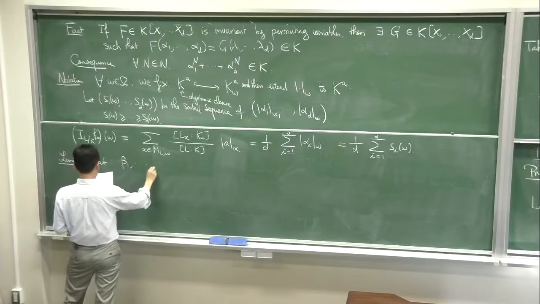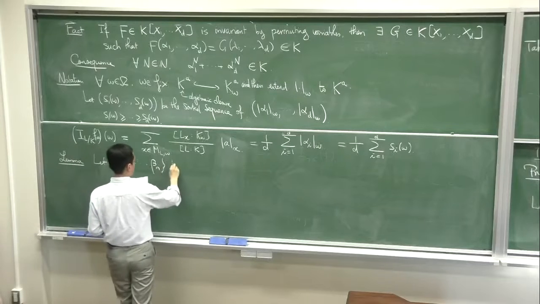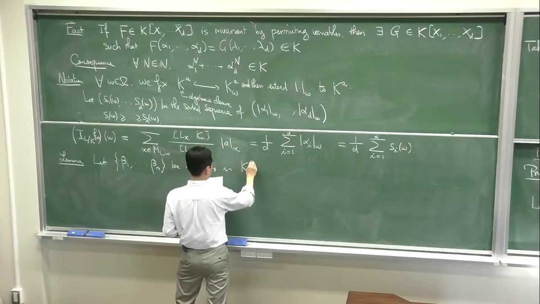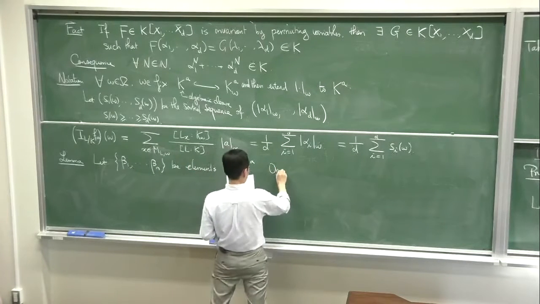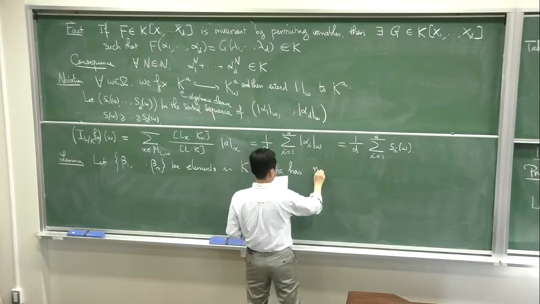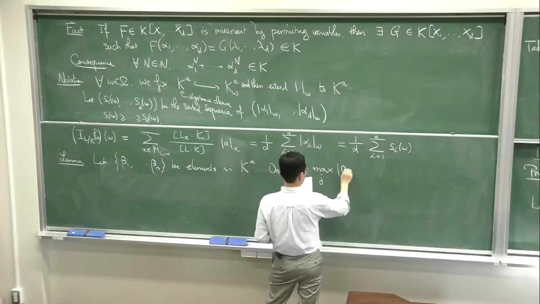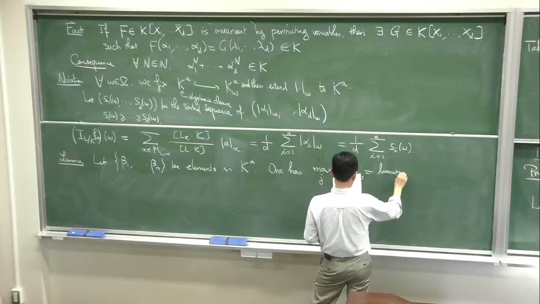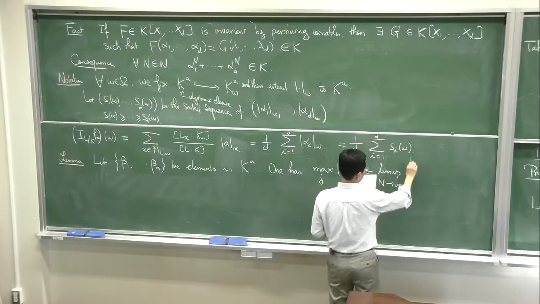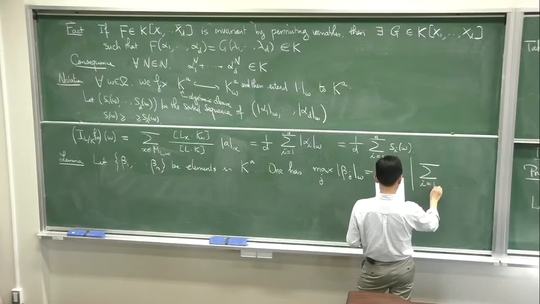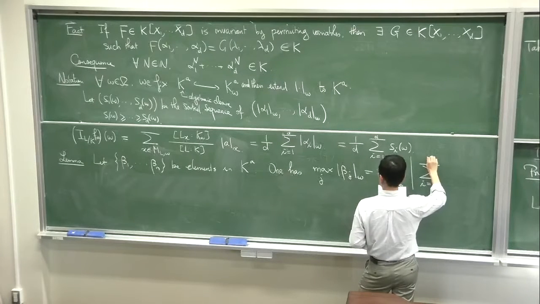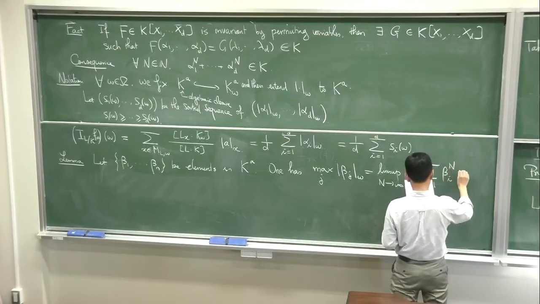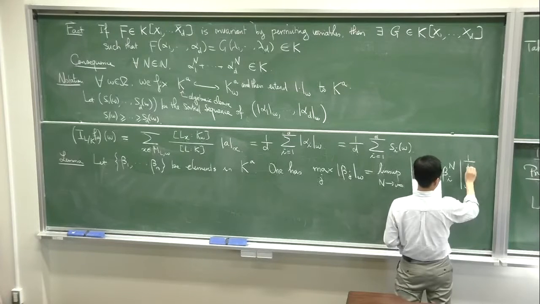Let beta_1, ..., beta_n be elements in K. Then one has the max over j of the absolute value of beta_j(omega) as the limsup, as n goes to infinity, of the sum from 1 to n of beta_i to the power n at omega, then to the power 1 over n.